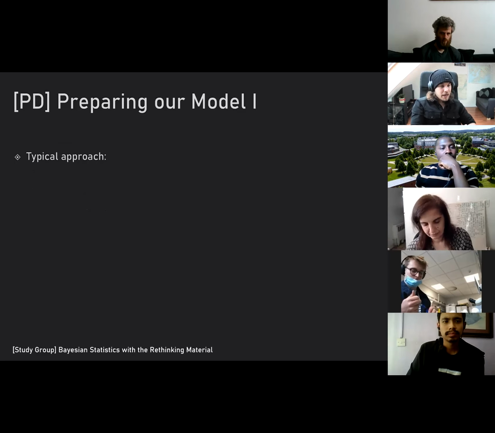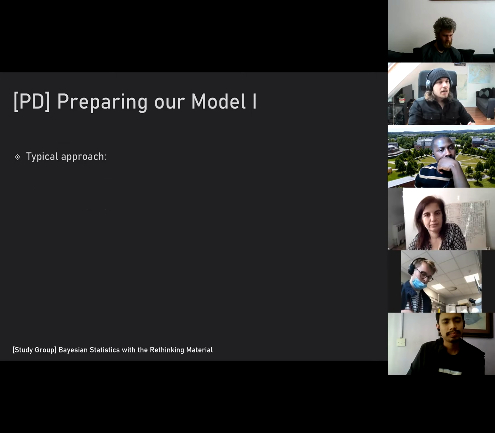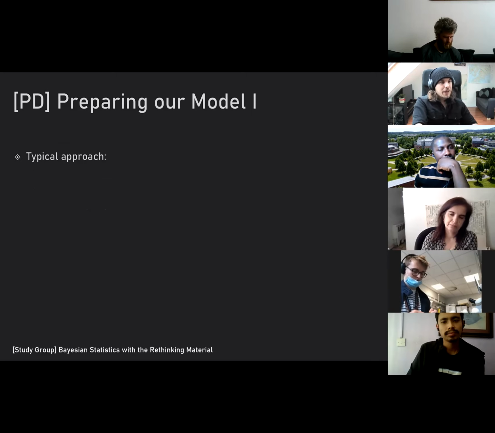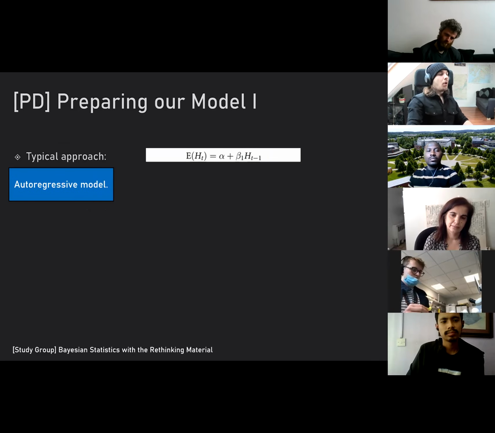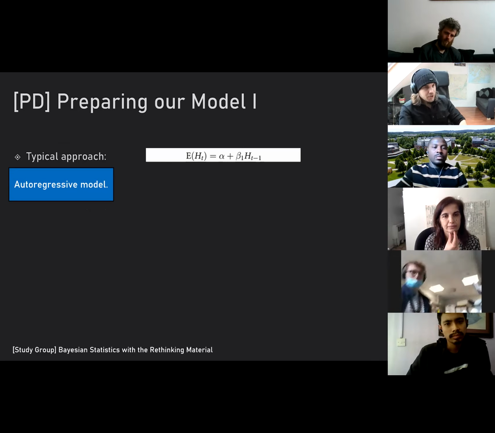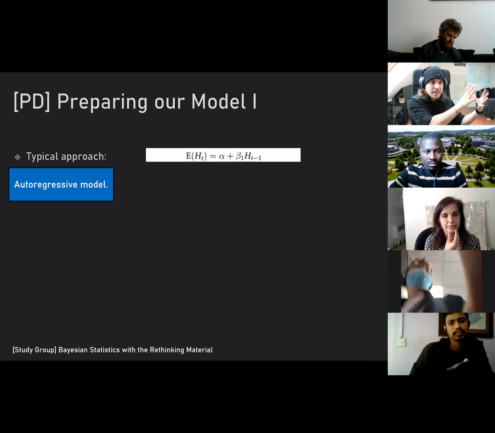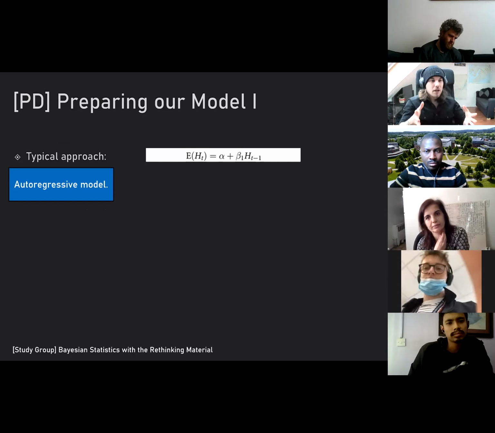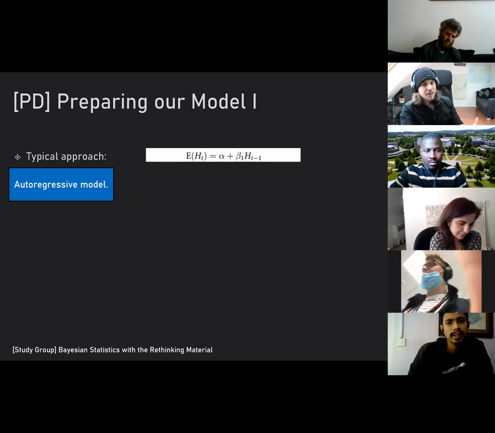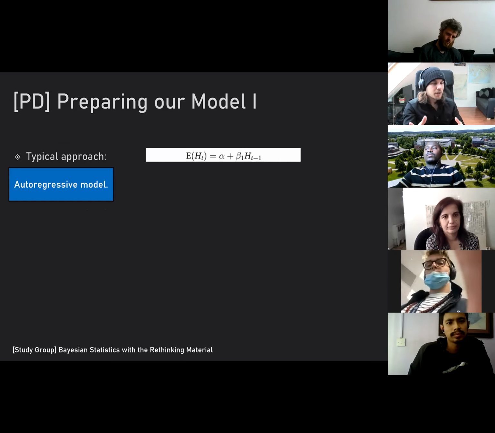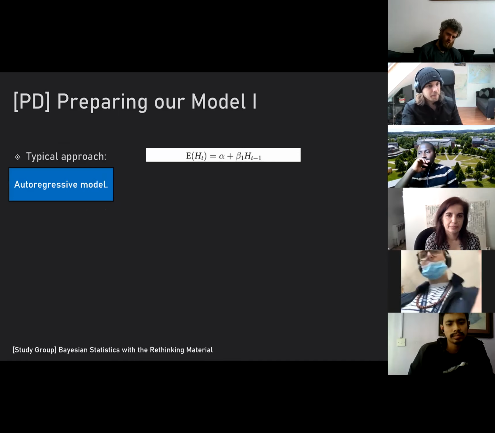Now, as far as preparing our model is concerned, there are some typical approaches which we have to talk about right quick. First typical approach would just be an autoregressive model, where we regress the population size at the preceding time step onto the current time step to get an understanding of how hare populations influence each other through time.